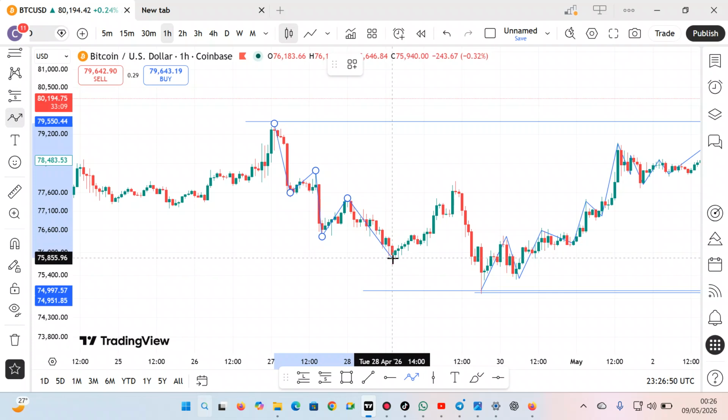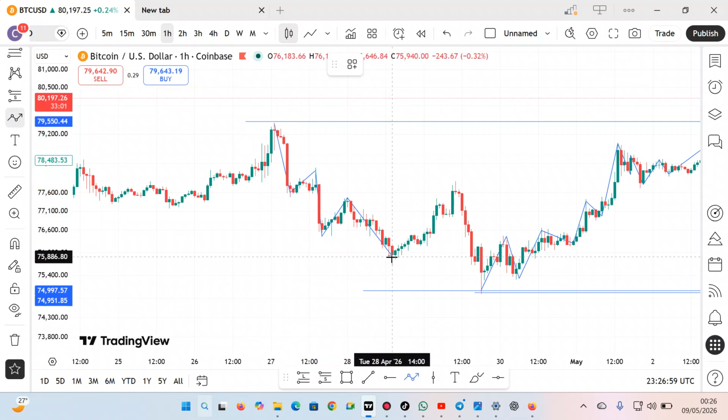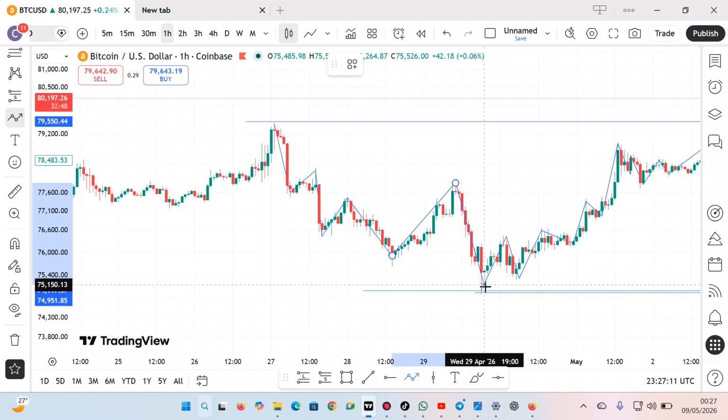After that, at this particular point, there was no energy again for the market to create a lower high and pull to the downside. So what did the market do? It created a higher high before pulling down.